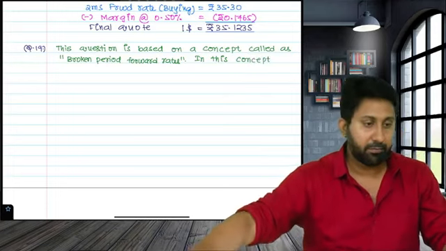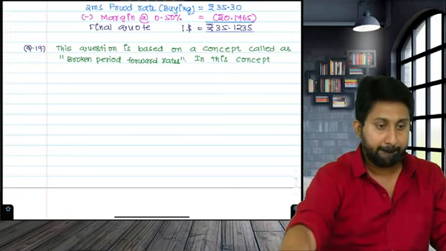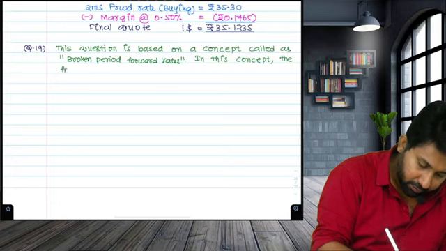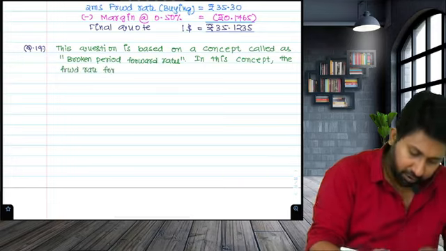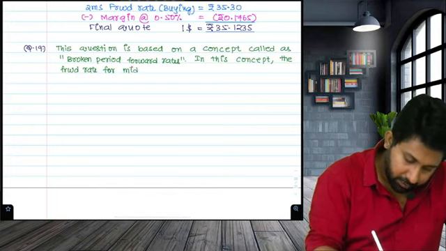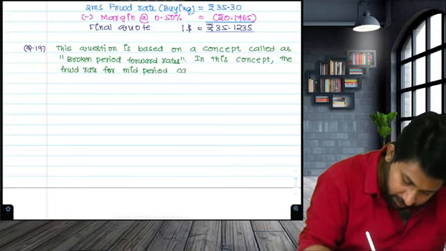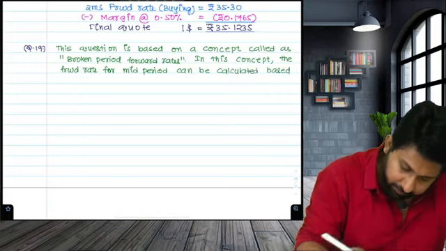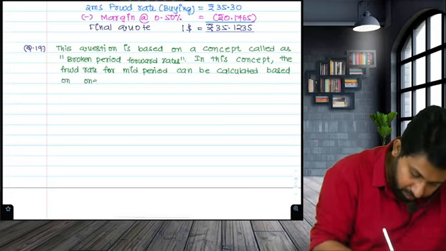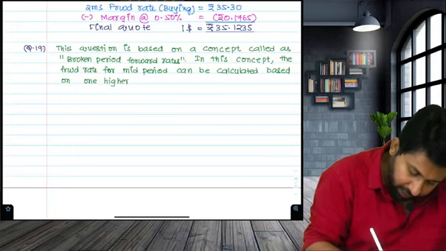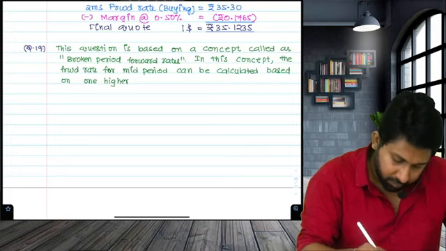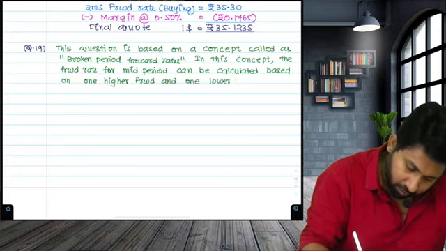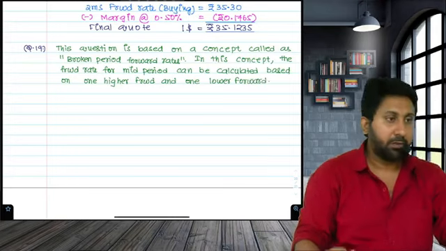In this concept, the forward rate for a mid period can be calculated based on one higher forward and one lower forward.